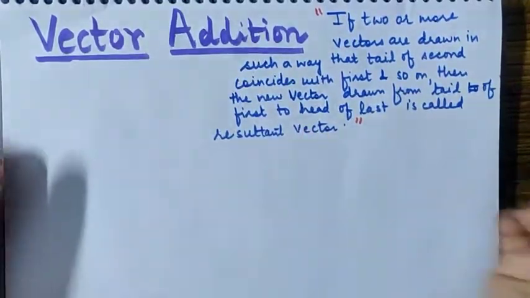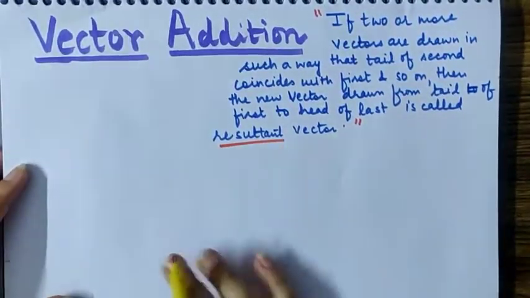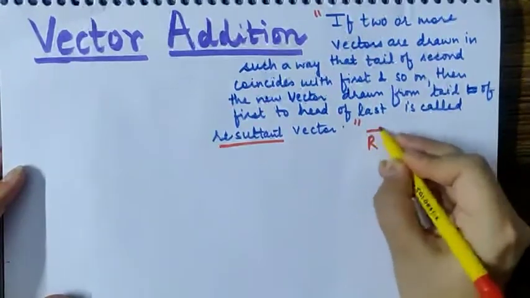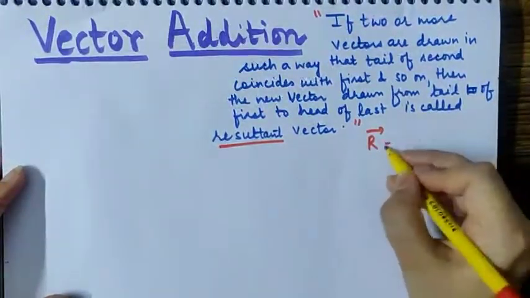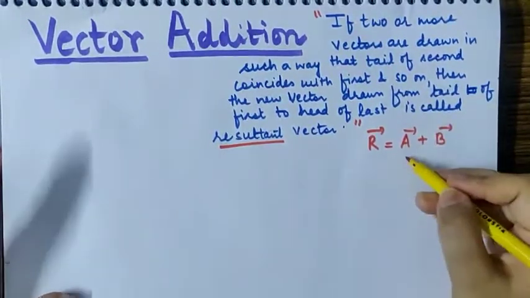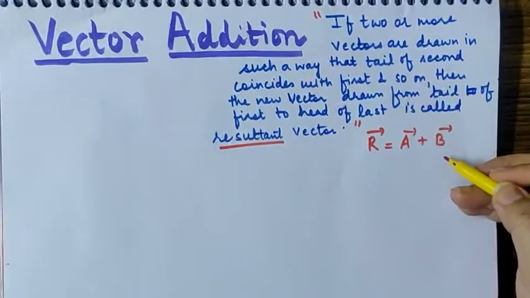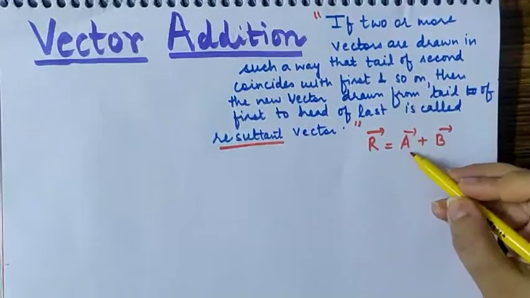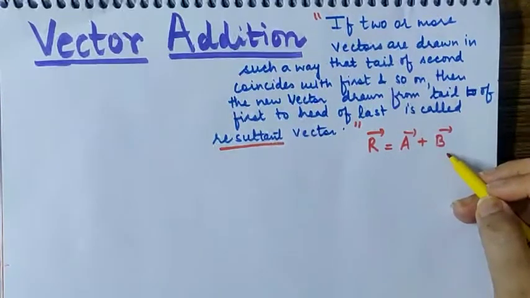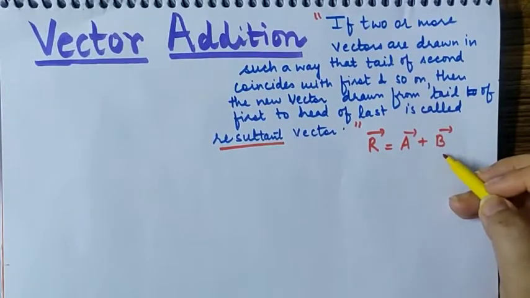So first of all, I'll explain a term called resultant. We represent resultant by R vector, and R vector is written as A vector plus B vector. Suppose A vector is a force and B vector is also a force. If A vector acts on a body and B vector also acts on the body, both will produce some effect on that body.